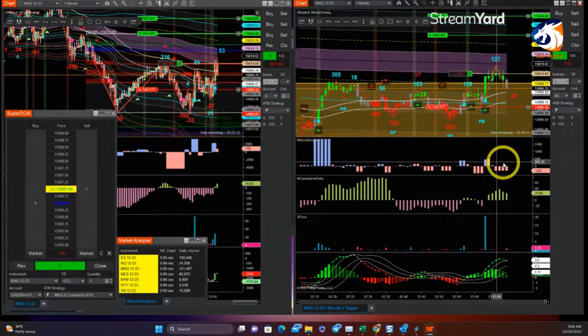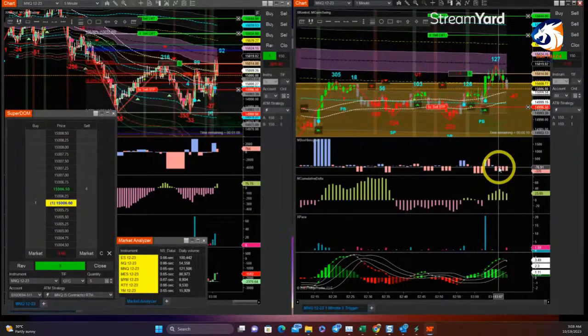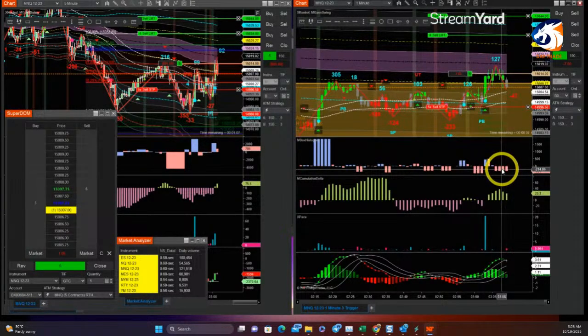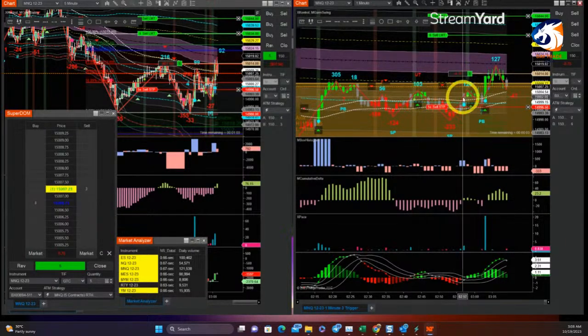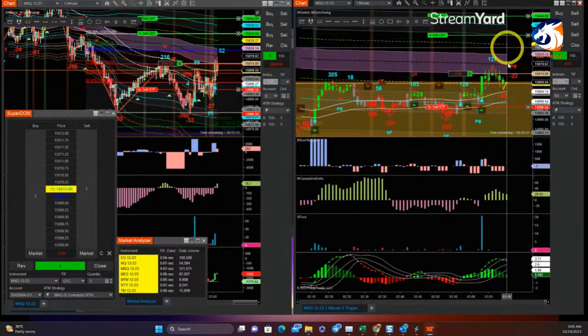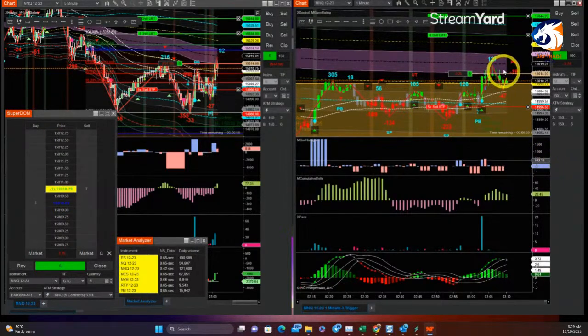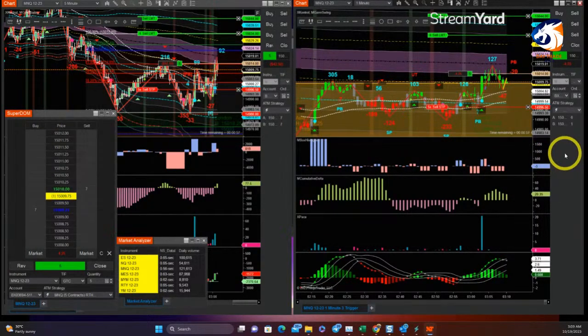On the histogram here, we're also getting a lot of sells coming in, supply. But we'll see if this 50 EMA band will be strong support to thrust it up. So let's see what happens.